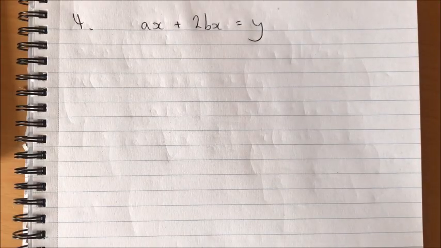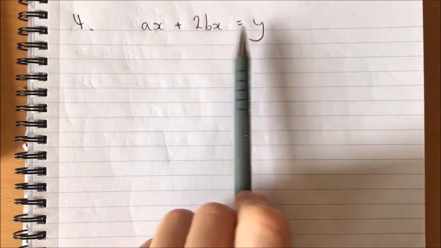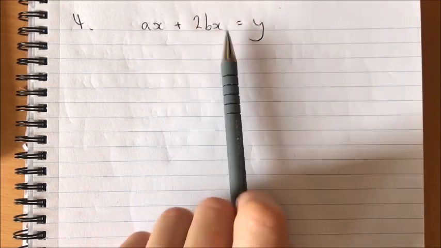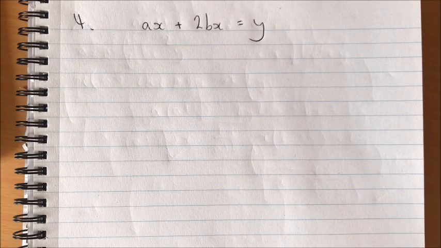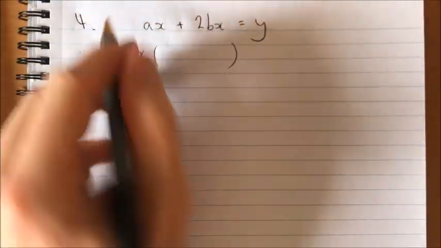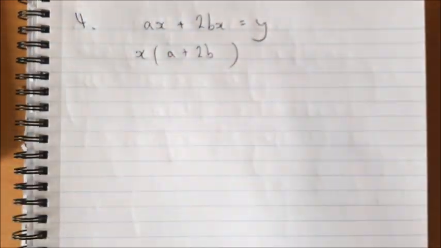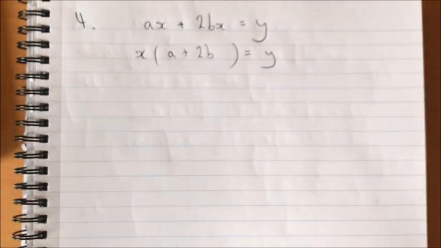Okay, last one, question 4. I have an x here and an x here. So how can I turn these two x's on my page into one x on my page? Well, if I factorise, like what we said, take out a common factor of x, that tells me that I have x lots of (a + 2b), and that equals y.